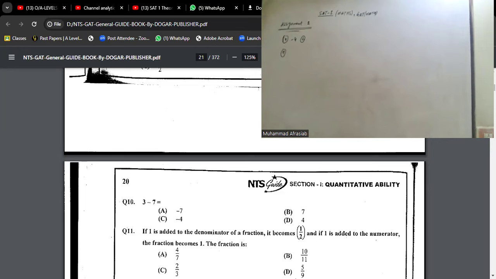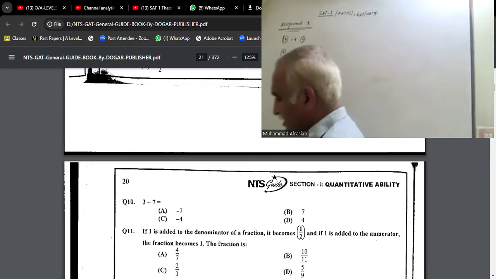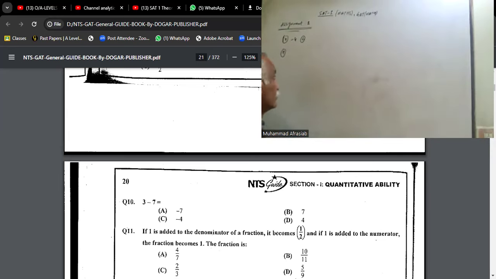Then question number 11 now. If 1 is added to the denominator of a fraction, it becomes half. And if 1 is added to the numerator, then the fraction becomes 1. Find the fraction. So we are going to do it with this part. Let the fraction be x over y, where x is the numerator and y is the denominator.